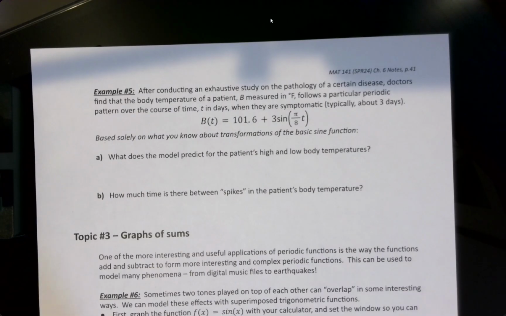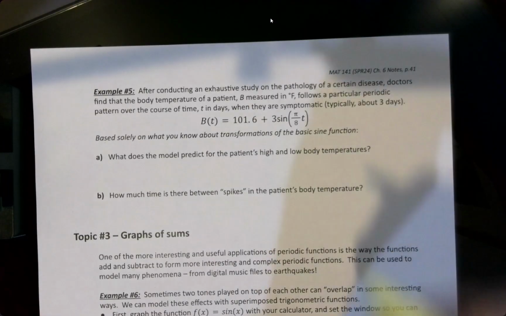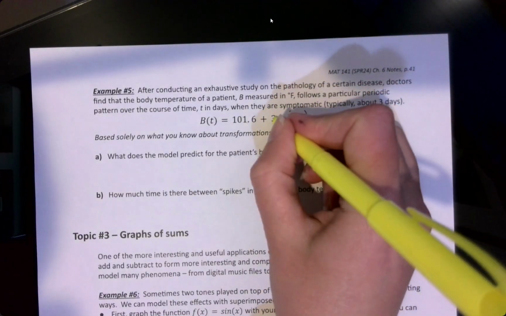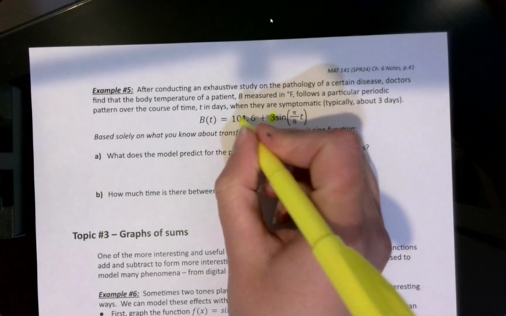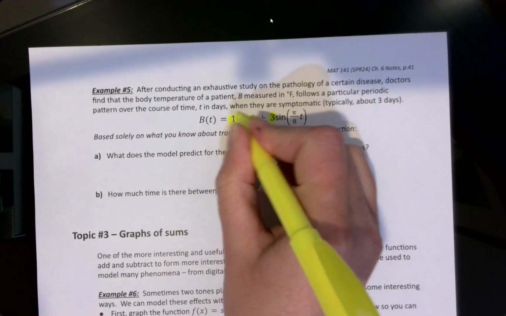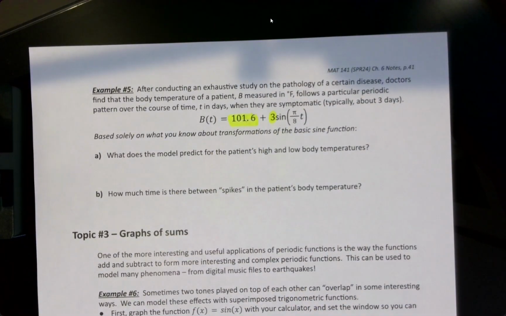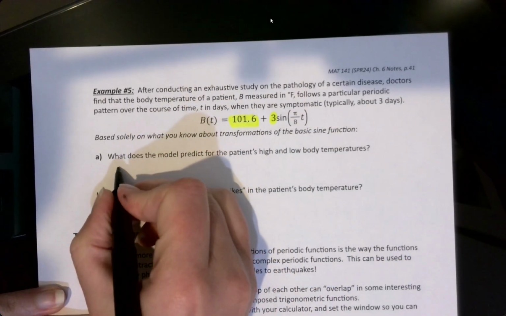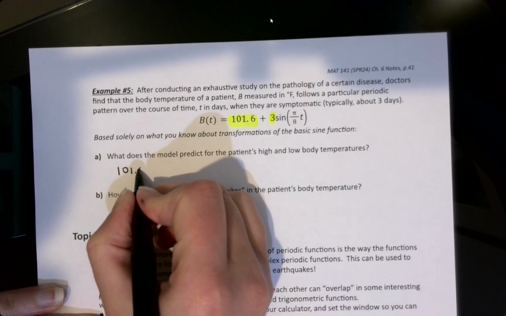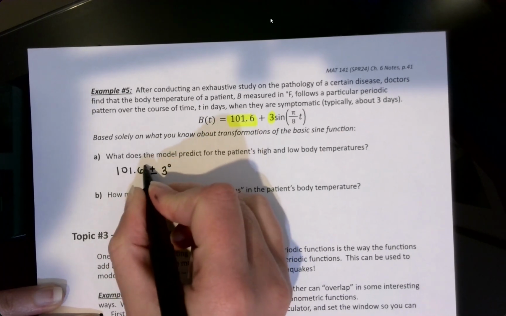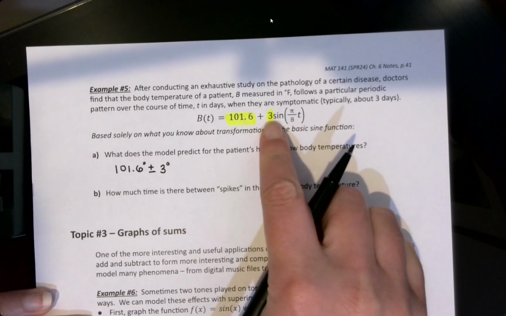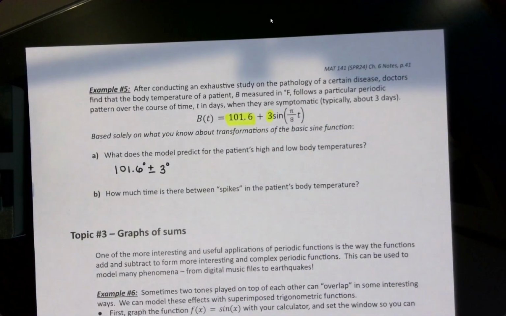Based on what I know about transformations, I can see that I've got this amplitude of 3 and this vertical shift of 101.6. So the patient's high and low is going to come from this 101.6 plus and minus 3 degrees, because that's our amplitude, the amount we go up and down from base.